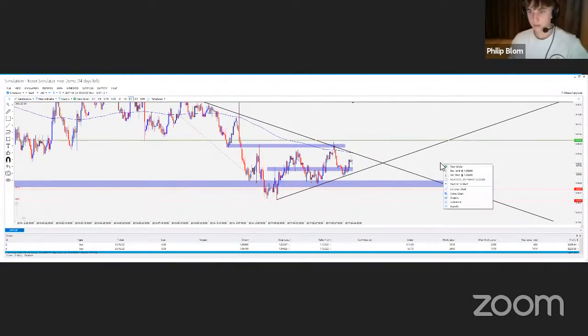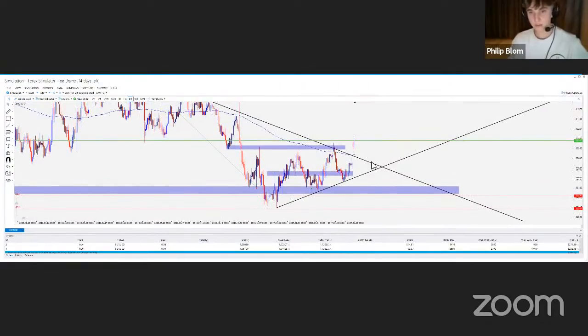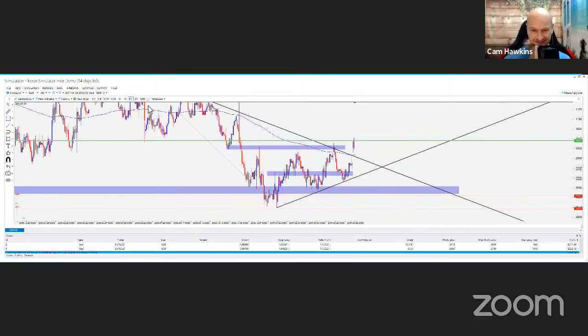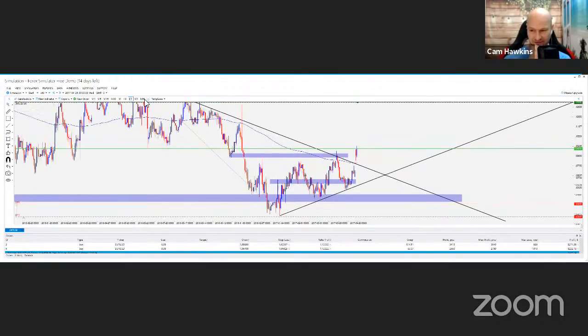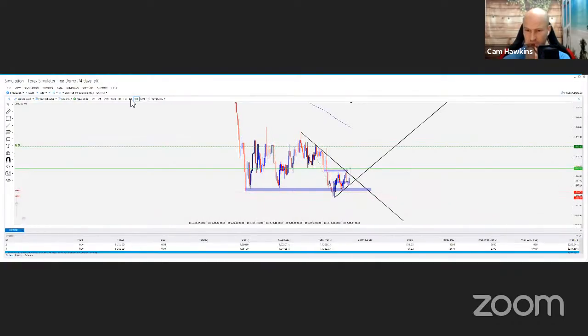Here's a good trade here. Okay, we got a break of the key level trend line. Jeez. Let's see here.